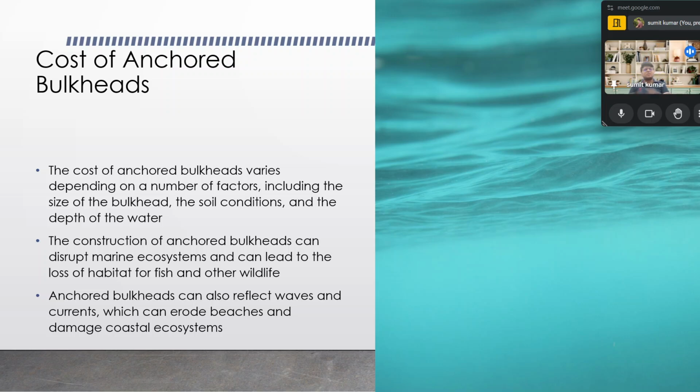In a similar manner, over here also, if we provide the sheet piles, there is a possibility that the marine ecosystem, fishes and some other plants below the sea level, may get affected. So that is also one of the cases. And the anchor bulkhead can reflect the waves and the current, which erode the beaches and damage the coastline ecosystem.